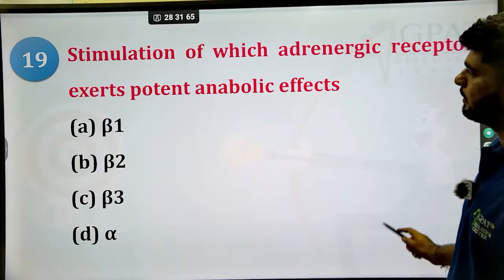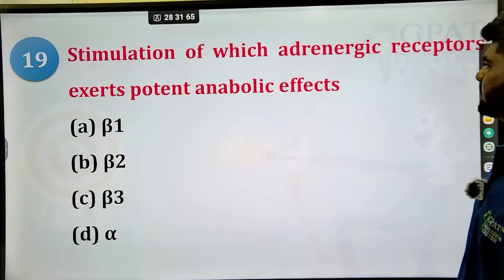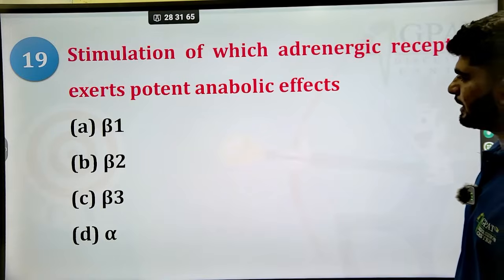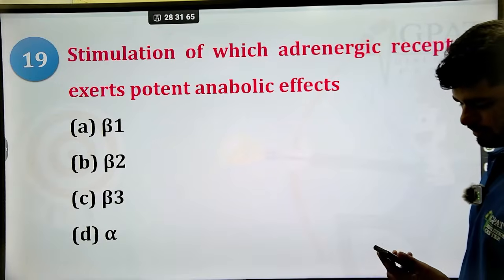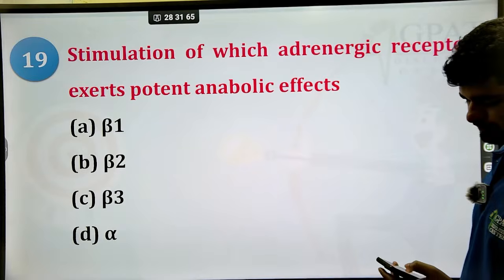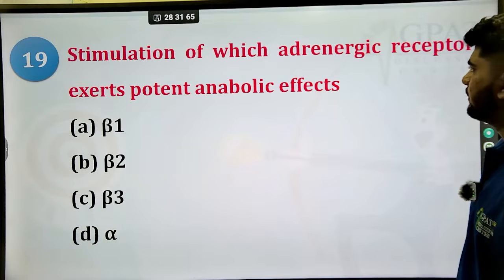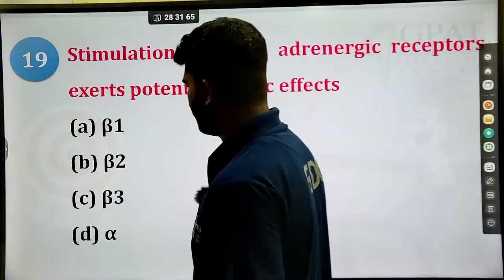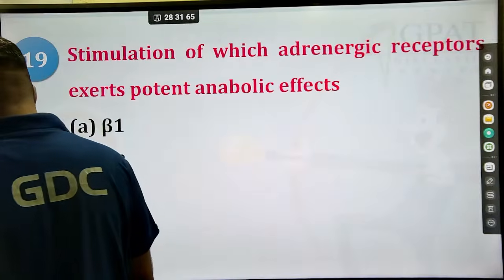Now, stimulation of which adrenergic receptor exerts potent anabolic effects? Adrenergic receptor, beta 1, beta 2, beta 3, or alpha?